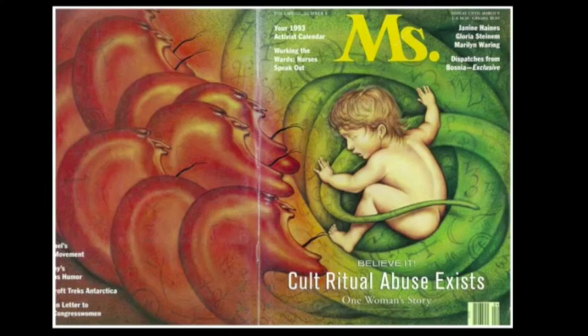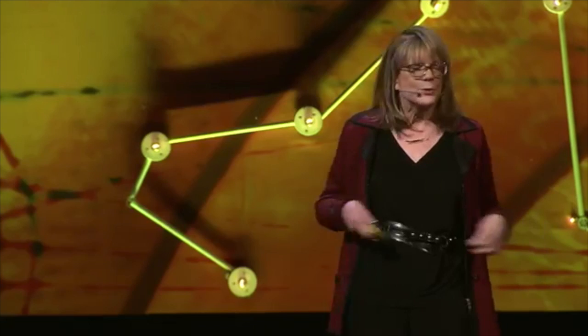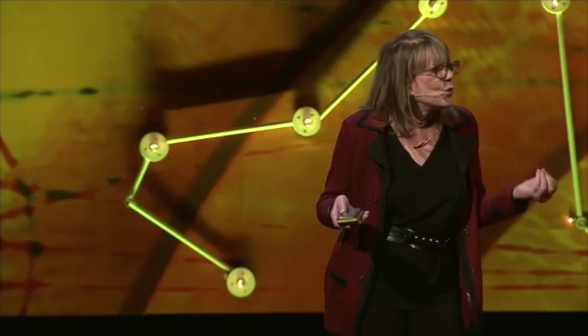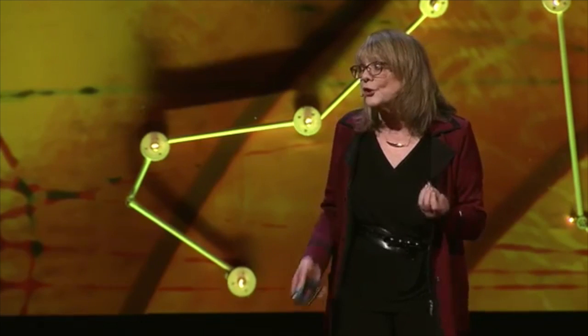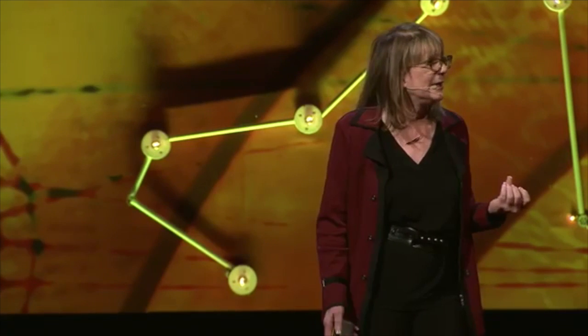One woman came out of psychotherapy believing that she'd endured years of ritualistic abuse, where she was forced into a pregnancy and that the baby was cut from her belly. But there were no physical scars or any kind of physical evidence that could have supported her story. And when I began looking into these cases, I was wondering, where do these bizarre memories come from?